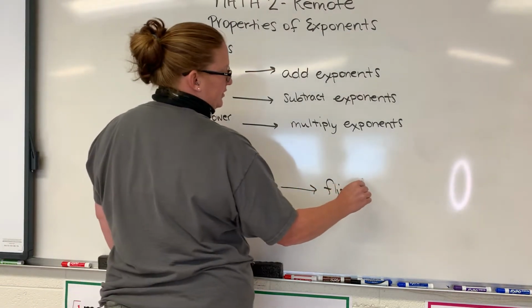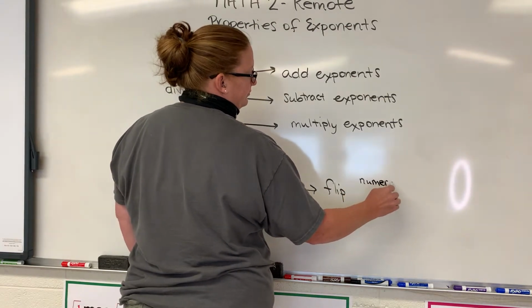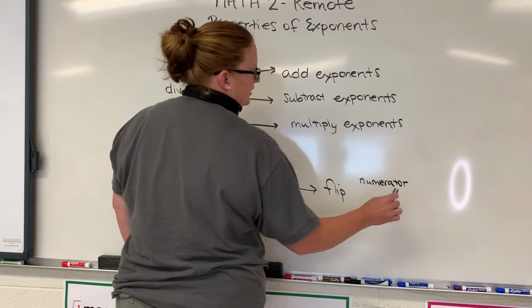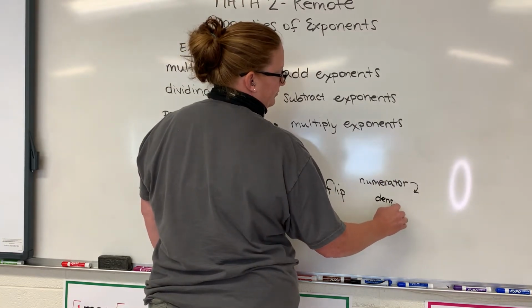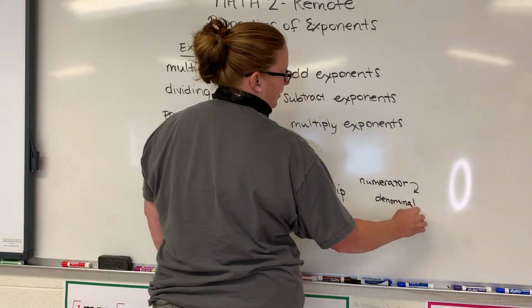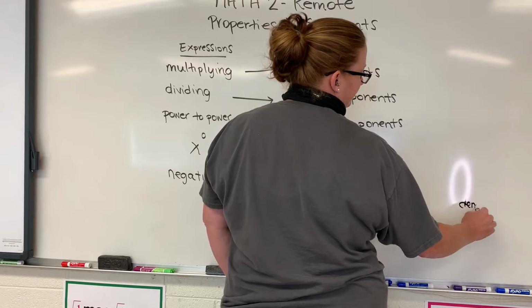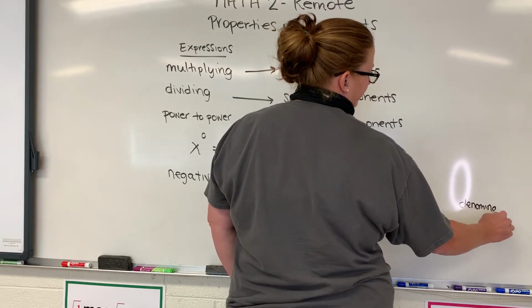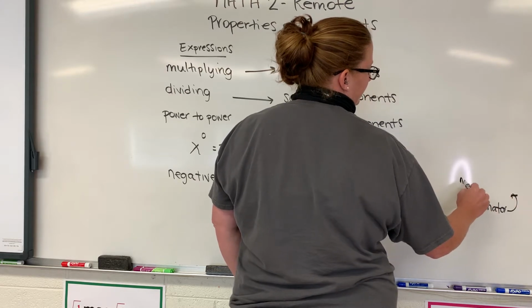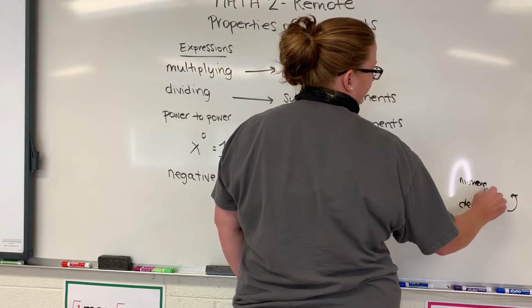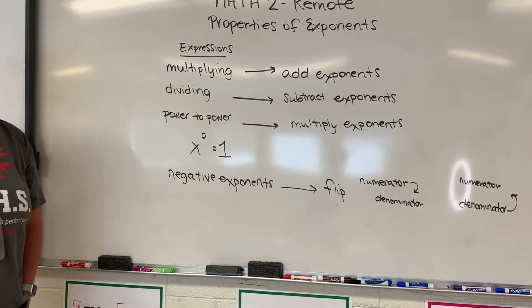So if it's in the numerator, the top is going to flip to the denominator, to the bottom. If that negative is in the denominator, it's going to flip to the numerator. Okay, so those are our properties of exponents.